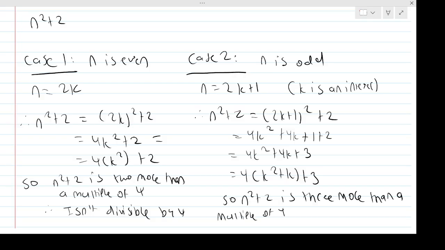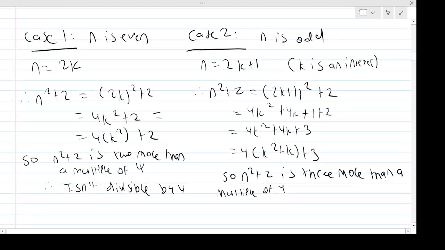Right, again then, because we can't factorise 4 out of everything, because we have this remainder of 3, it's 3 more than a multiple of 4, so it isn't divisible by 4. And I should probably say as well, to be very clear, something being divisible by, say, 4 means it has to be a multiple of 4.